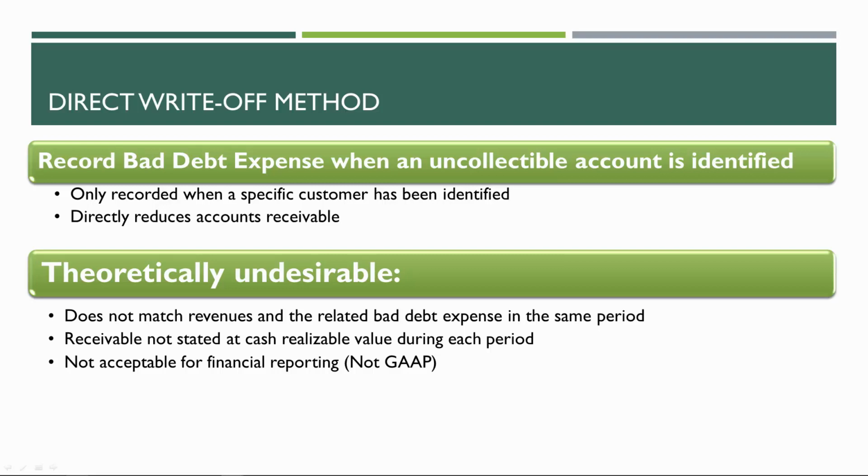Also, the direct write-off method does not show the investors and creditors what is the company's expected cash realizable value of their accounts receivable. And so for that reason, the direct write-off method, although it is used by some companies, is not GAAP. It does not apply and follow these accounting standards.